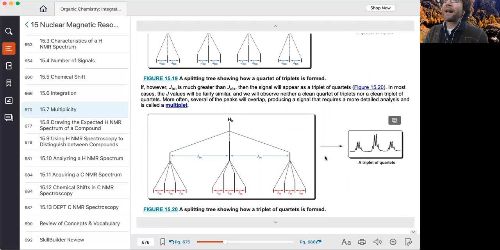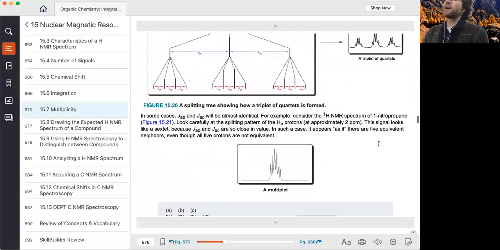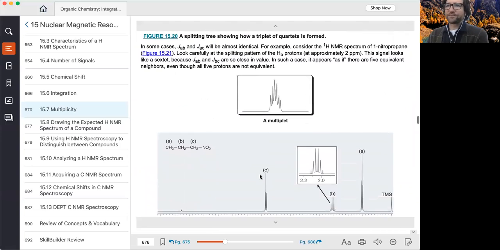A much better magnet will be able to show you each of these extra complex splitting patterns, whereas poor magnets will not. Sometimes though, even if you have a very good magnet, it's very difficult to figure out what the precise splitting pattern is, and in organic chemistry, often we call that a multiplet. That essentially just means it's very complex and needs a much, much higher degree of interpretation.